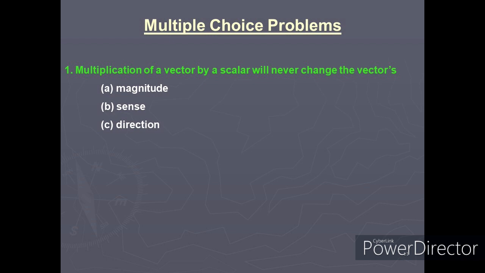If this vector A is multiplied by a scalar, minus 1, to have minus A, how will it look? The sense, not direction. This is the direction. Instead of going this way, it will go that way.